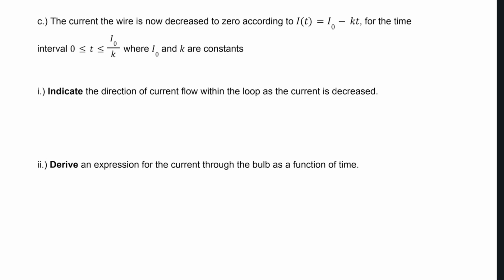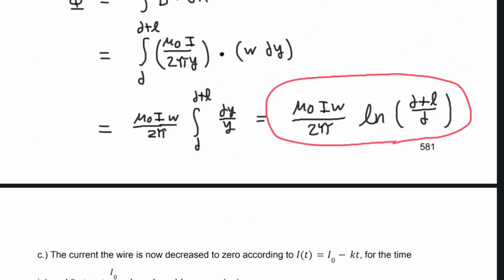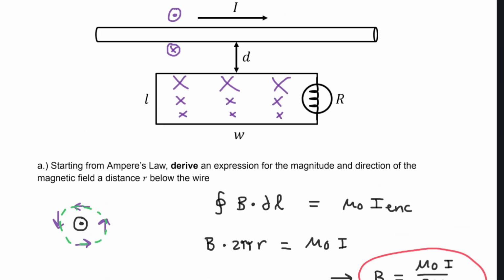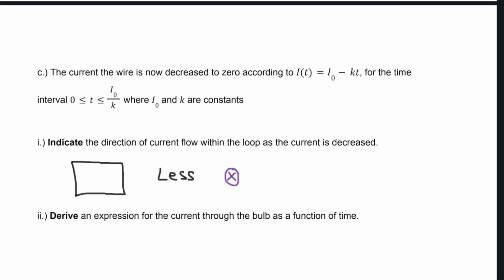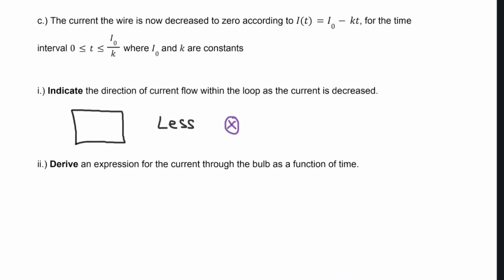So notice that what's happening in our loop is that we would be getting less negative flux, because all of our field is into the page here, and if you're decreasing the current, you're decreasing the amount of x's into that loop. So as such, we would need a counterclockwise current to oppose that.